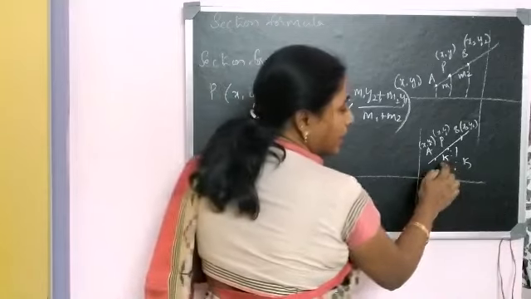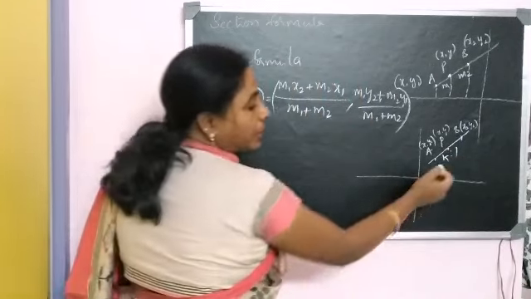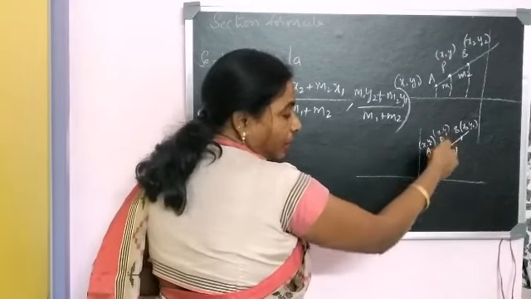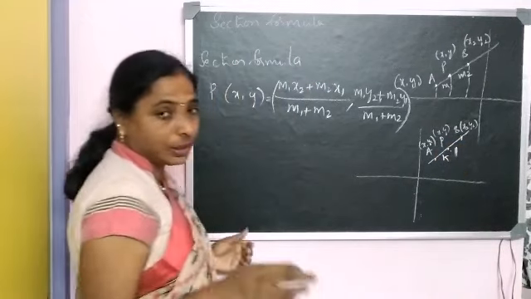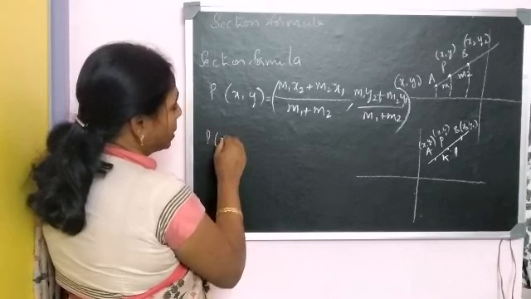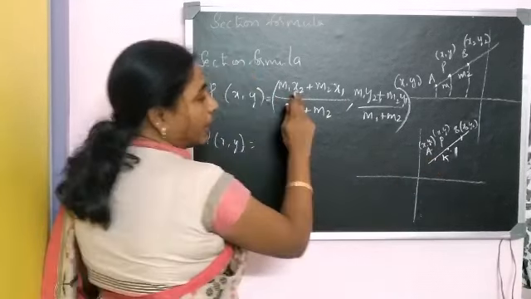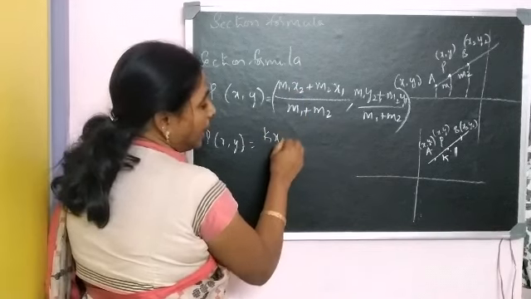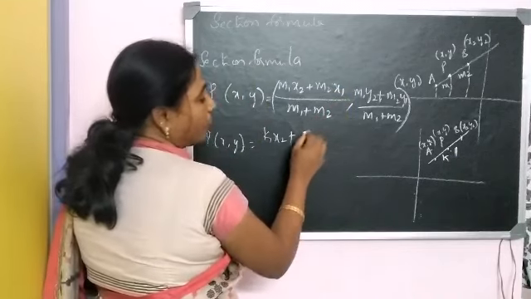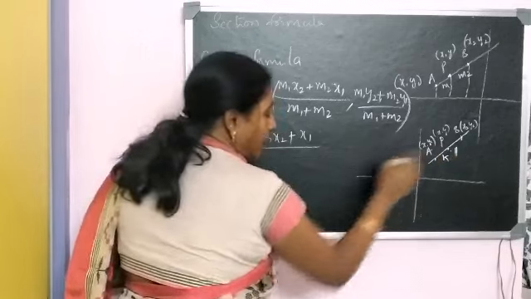Now let me check for k is to 1. Think that m1 is k and m2 is 1. Then what happens? P of xy is equal to m1, here k, x2, so it is k x2 plus m2, which here is 1, therefore x1, divided by m1 plus m2, that is k plus 1.